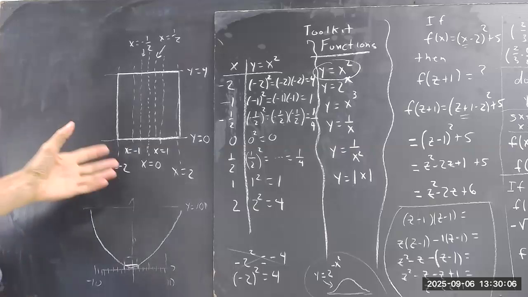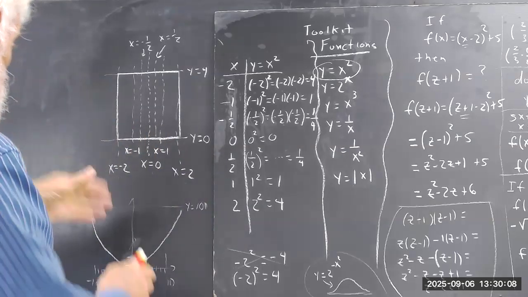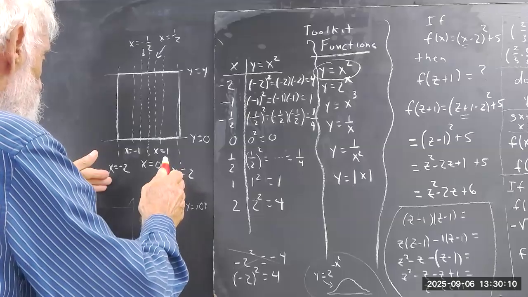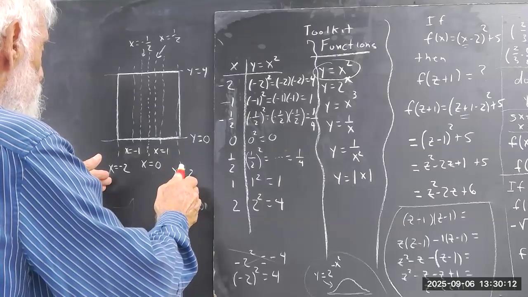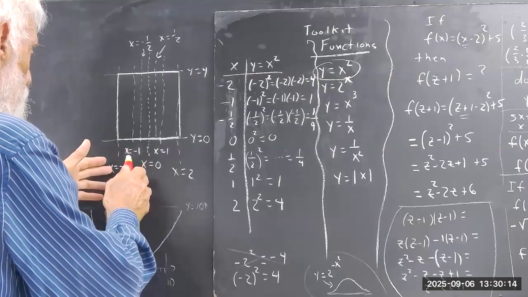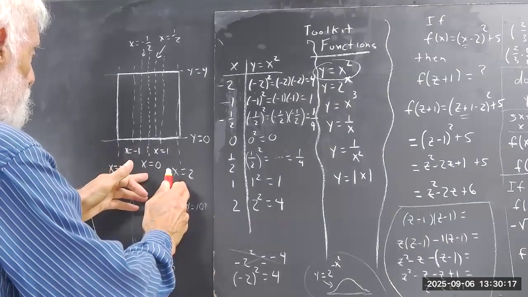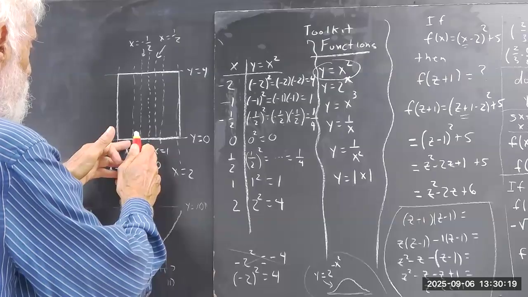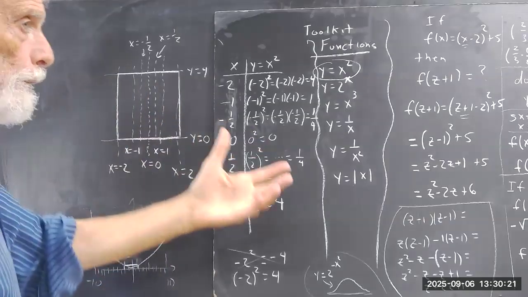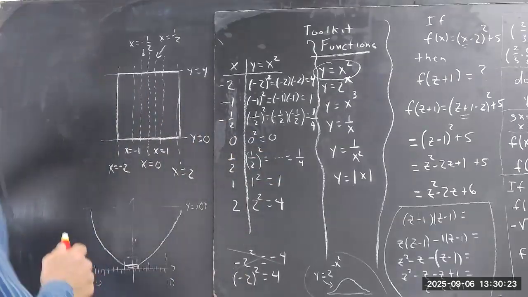Now, if you follow this procedure for dividing up the interval from x equals -2 to 2, go halfway and see what you got, then go halfway from there to there, and halfway from there to there, you get a well-scaled graph.